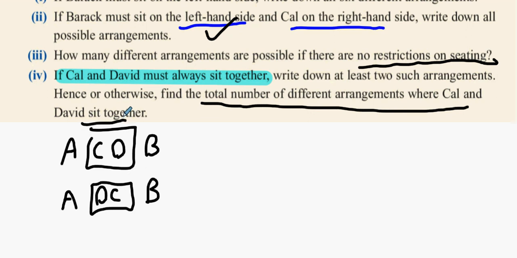Gotta write out all 24 and find out where C and D are together.